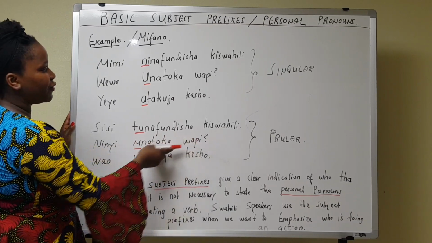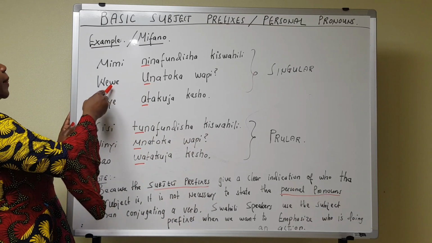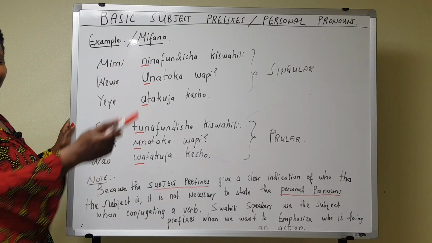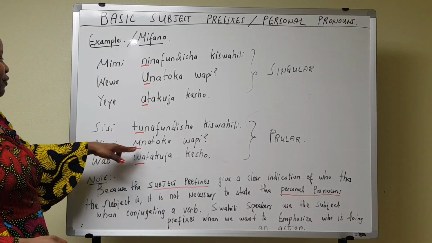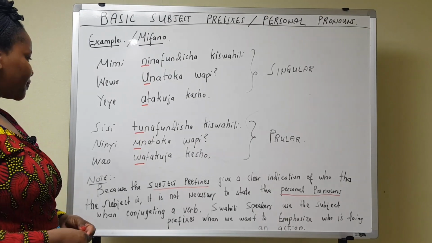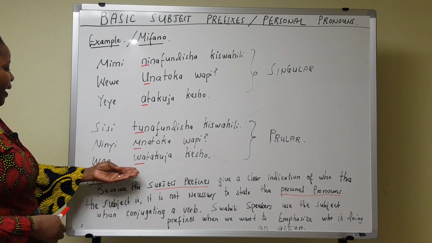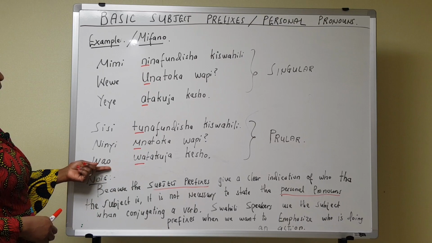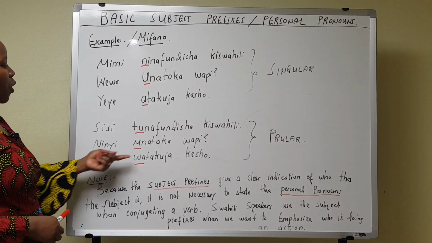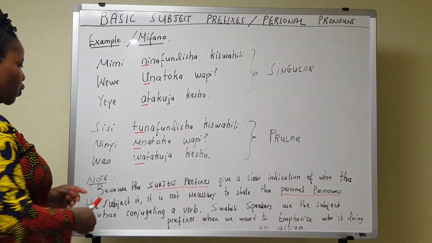Ninyi mnatoka wapi? This is the plural form of the sentence Wewe unatoka wapi? And the third person is wao. Wao watakuja kesho.